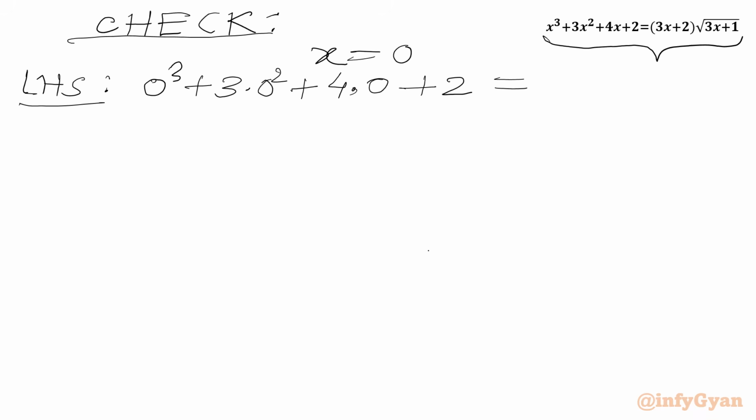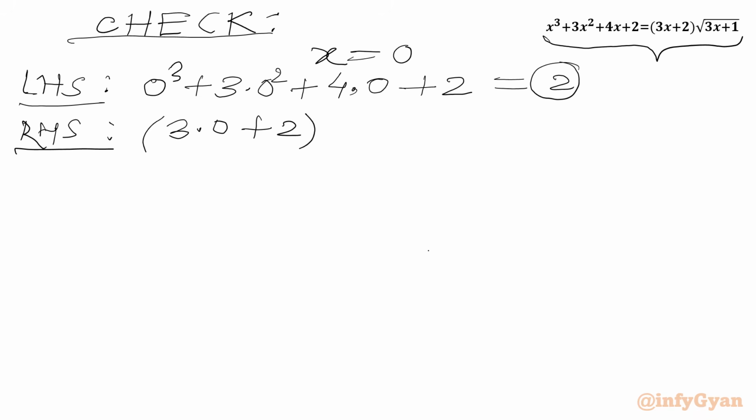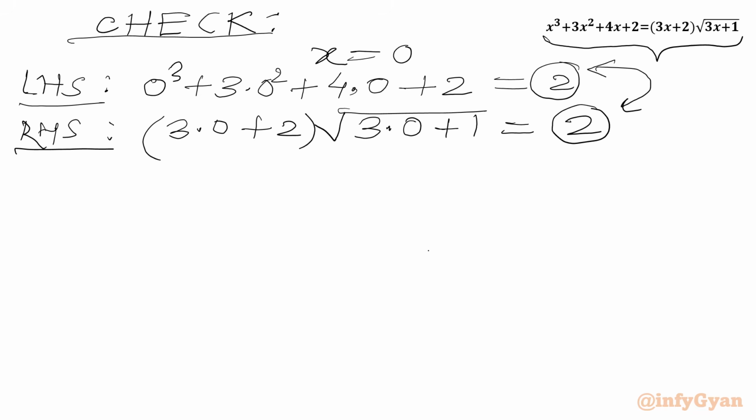So LHS will become 2. Now we will find RHS. We will write 3 times 0 plus 2 times square root of 3 times 0 plus 1. We are going to get 2 times square root 1, which will be equal to 2. LHS equal to RHS. Hence our solution x equal to 0 is true and verified.